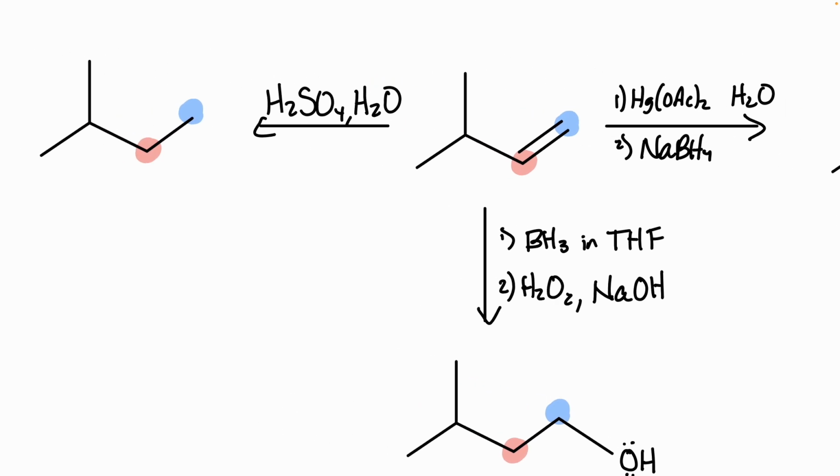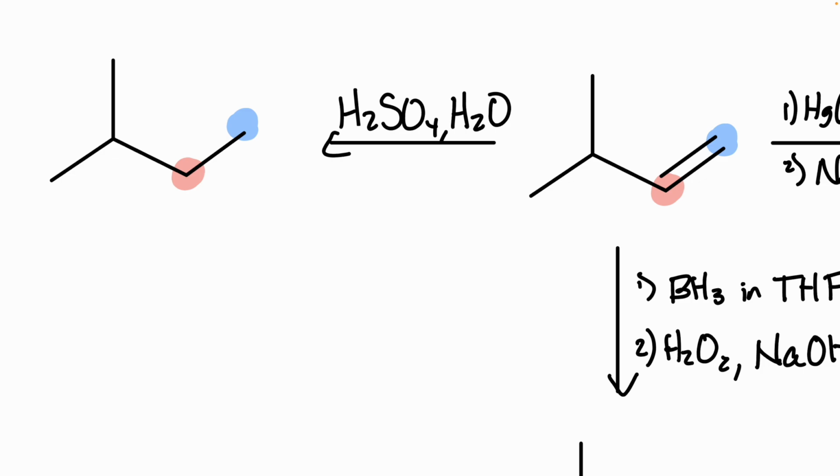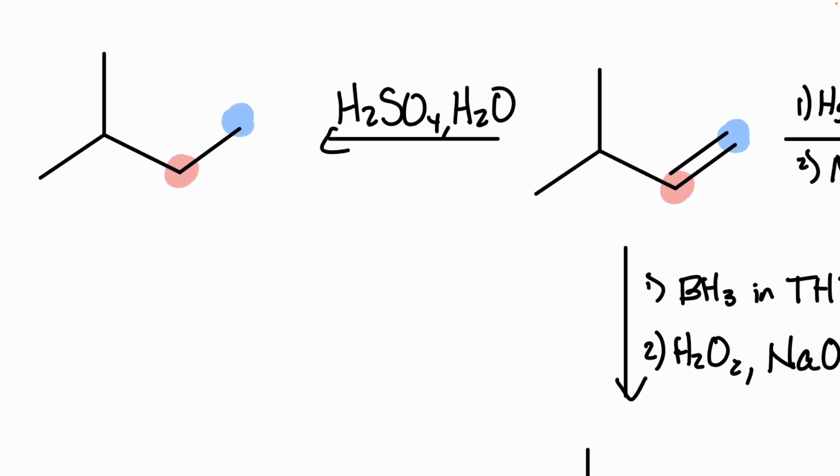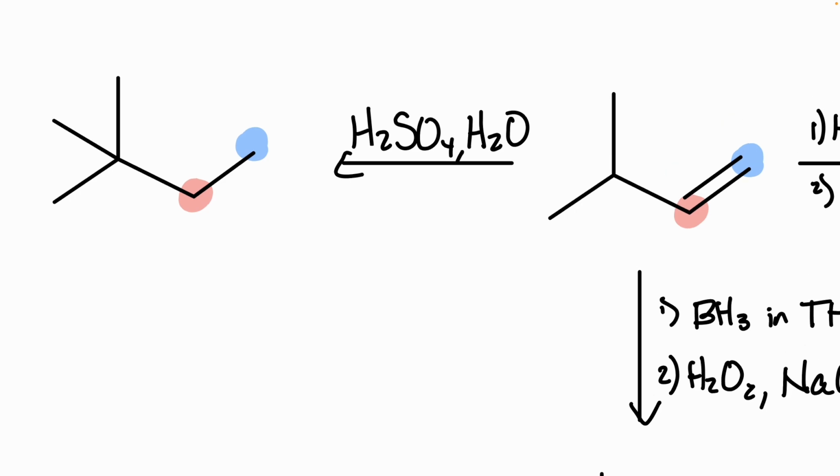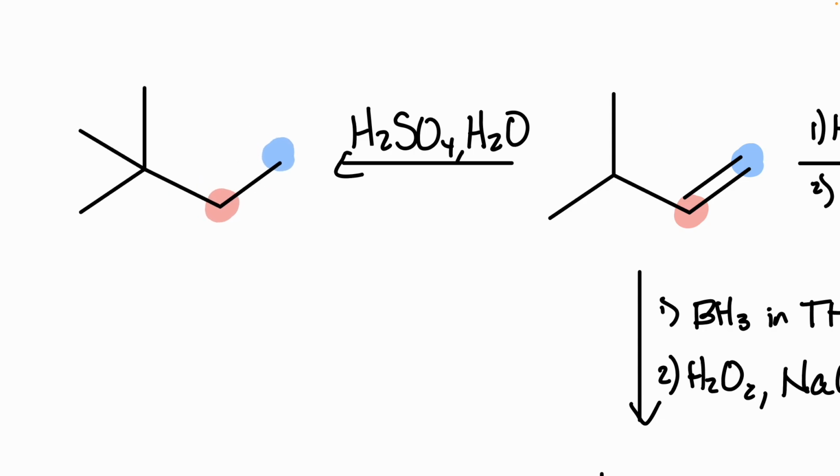My acid catalyzed hydration reaction favors that more substituted carbon, but I also got to watch out for what? Those shifts. And in this case, I have that more substituted carbon next door to my carbocation, and so I will indeed see a shift, placing that on that more substituted carbon.